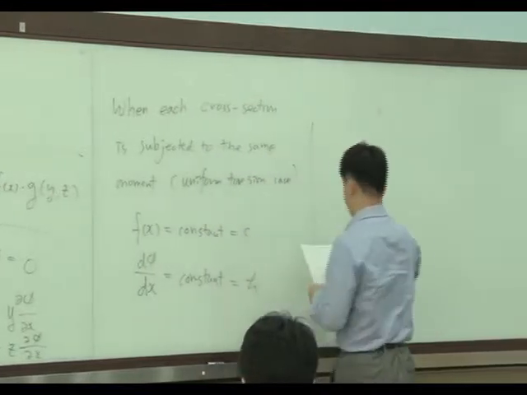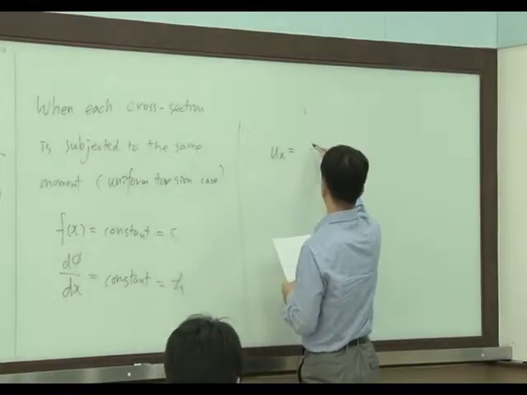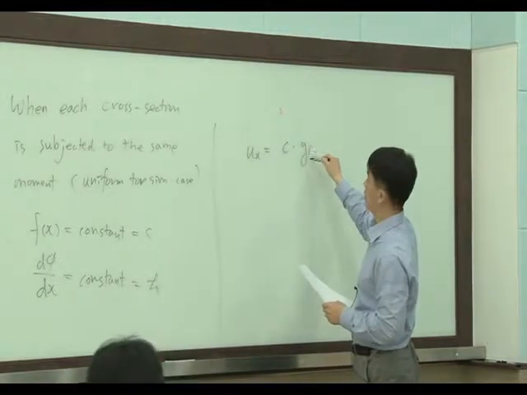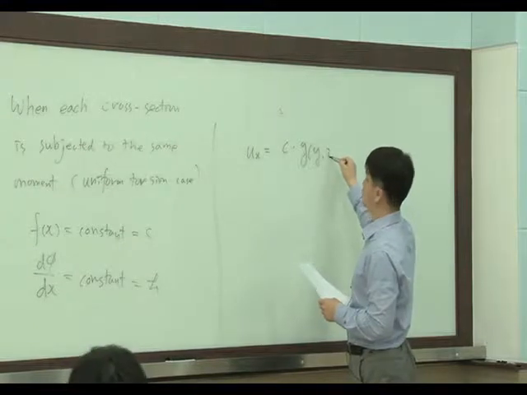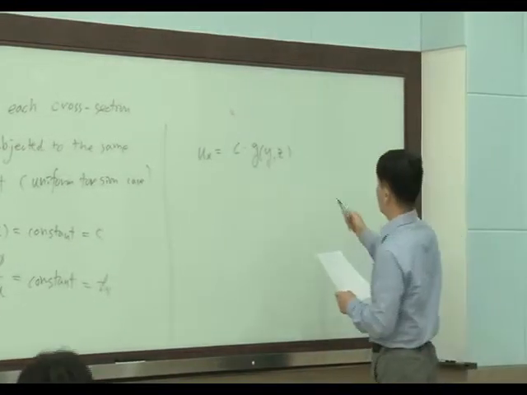And in this case, ux becomes simpler, a constant times g(y,z).